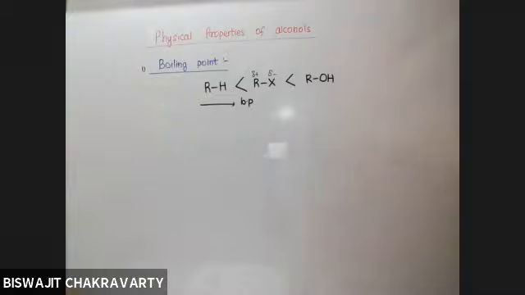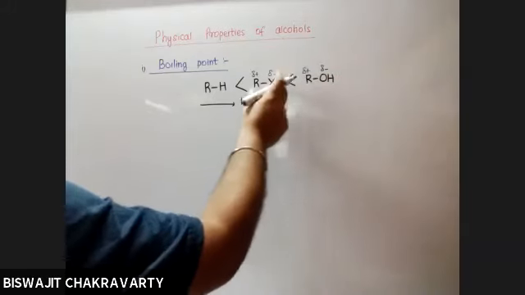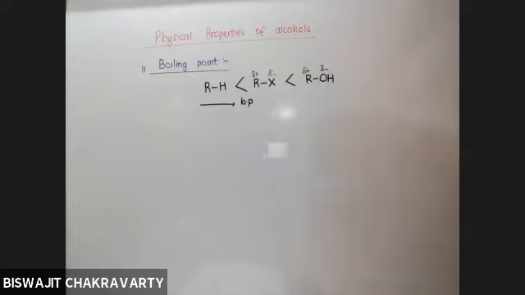Now, when you compare haloalkanes with alcohols, the alcohols have been found to show greater boiling point, which of course cannot be explained on the basis of polarity because both molecules are polar.